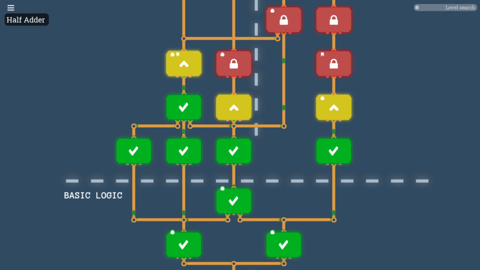Usually a half adder, from the name, is something that is able to do addition. It's a circuit that is able to do an addition.